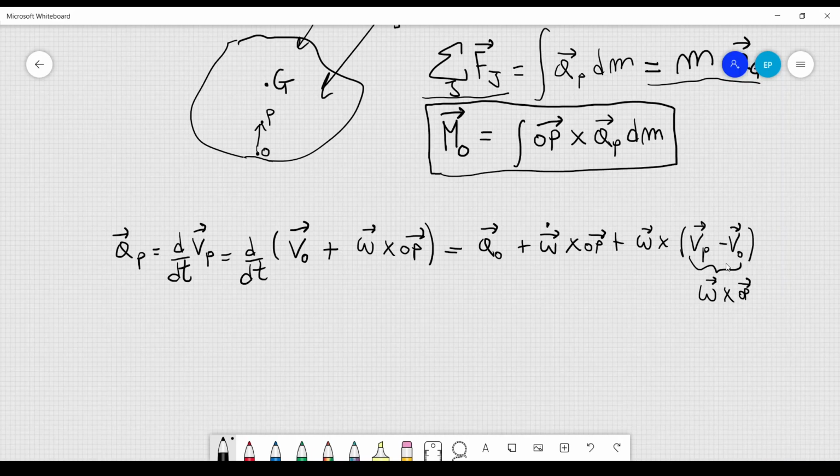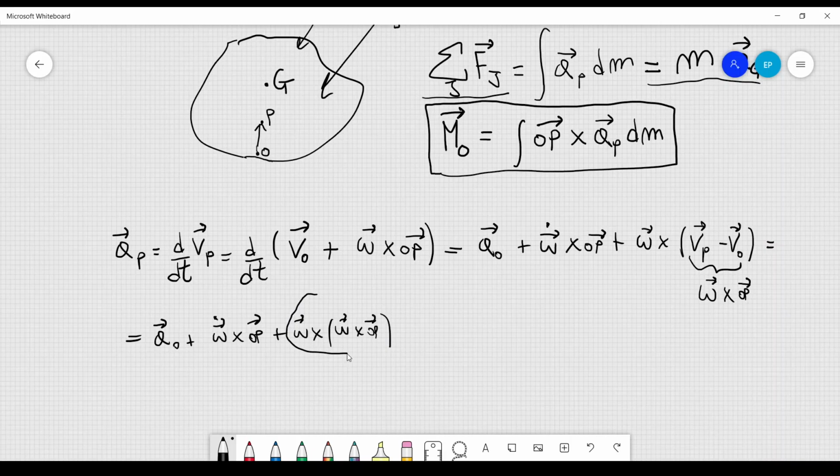We can also rewrite it like this. So here we have AO plus omega dot cross product OP plus omega cross omega cross OP. We can rewrite it like this.